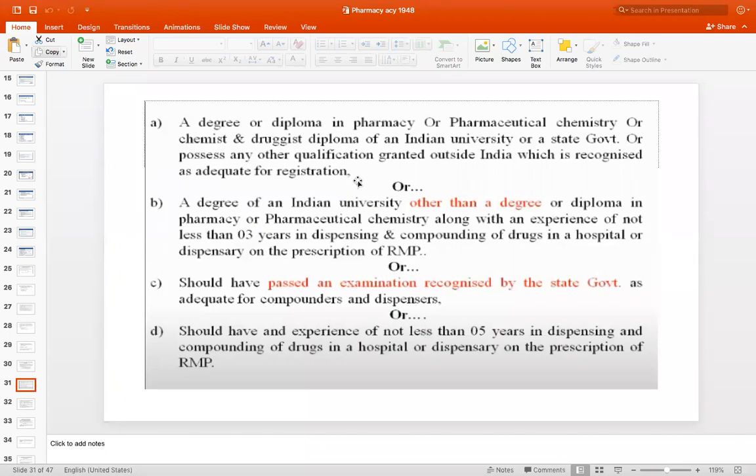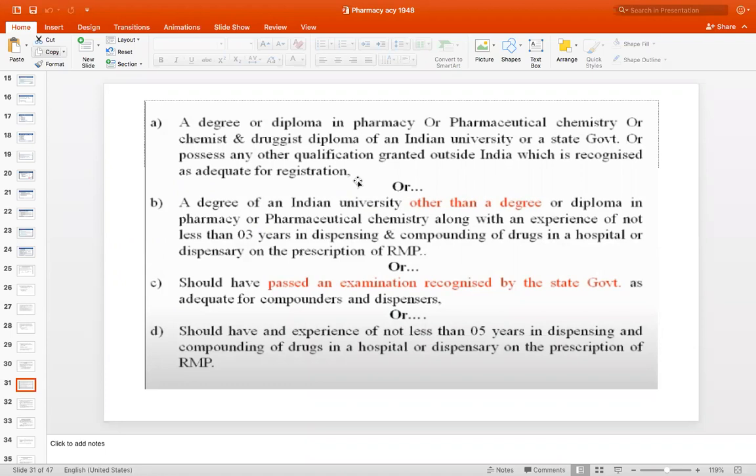Or there is one more, a degree of an Indian university other than a degree or diploma in pharmacy or pharmaceutical chemistry. If he doesn't have any degree certificate of pharmacy, then with experience of not less than 3 years in dispensing and compounding of drugs in a hospital or dispensary on prescription of an RMP.